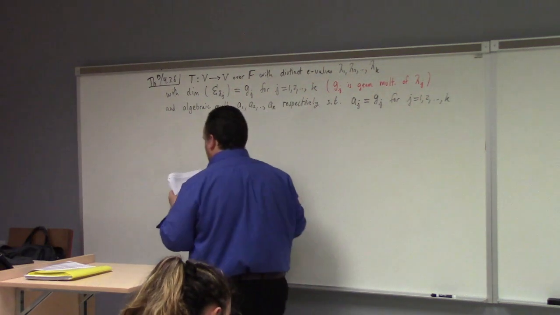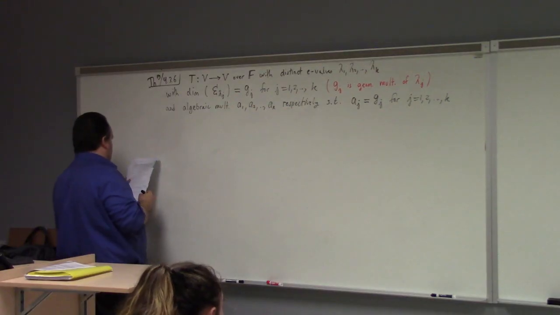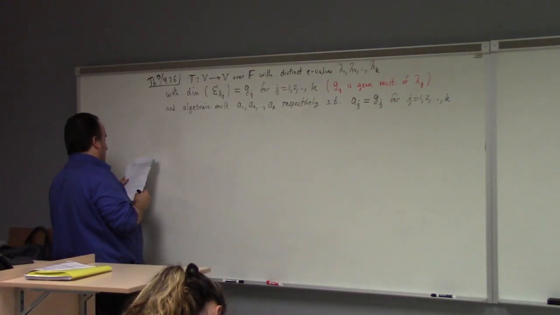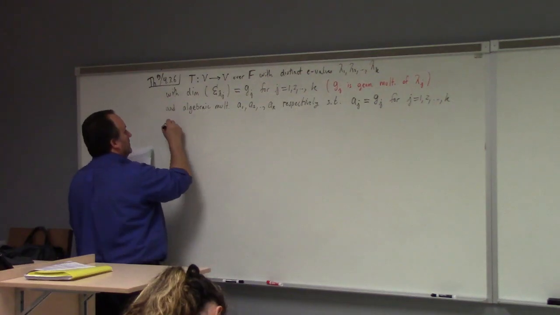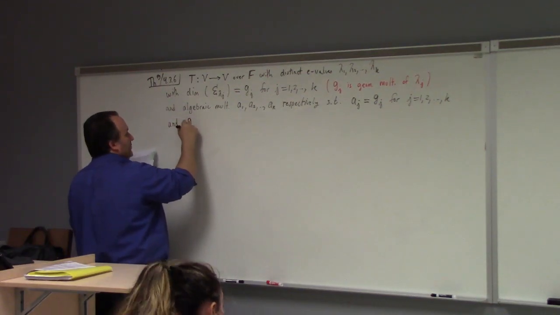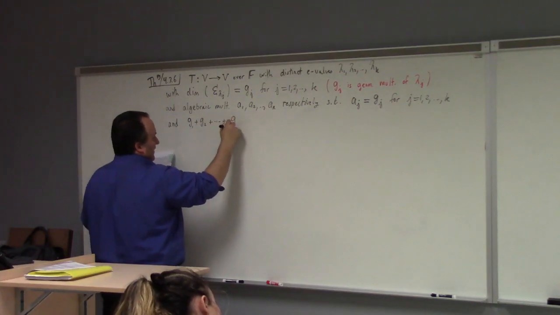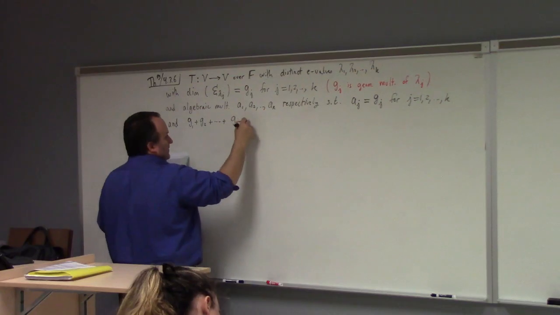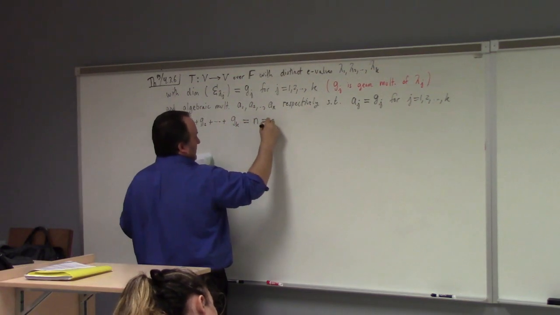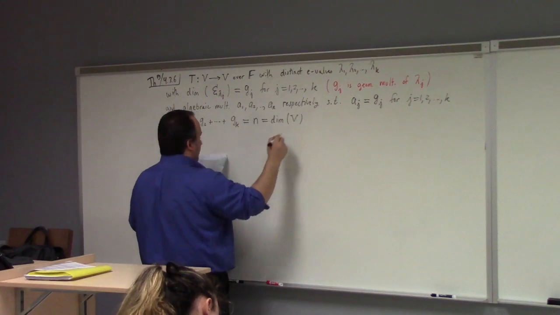All right. And we also would like that G1 plus G2 plus dot, dot, dot, plus Gk is equal to n, which I'm just saying is the dimension of V, all right?